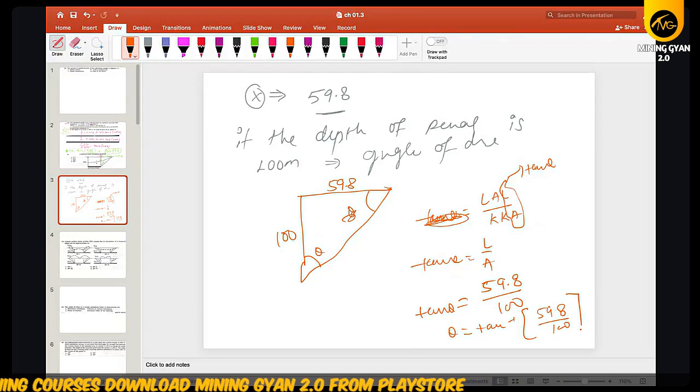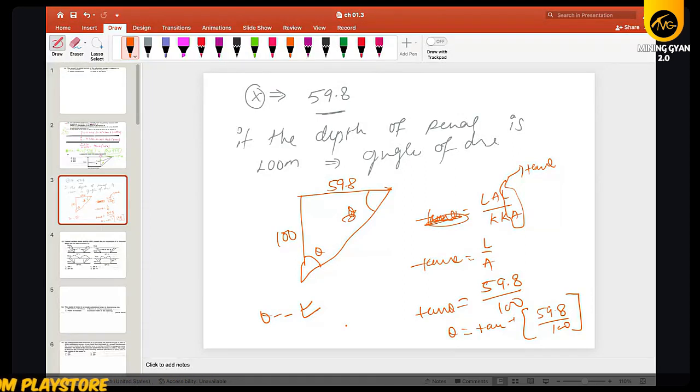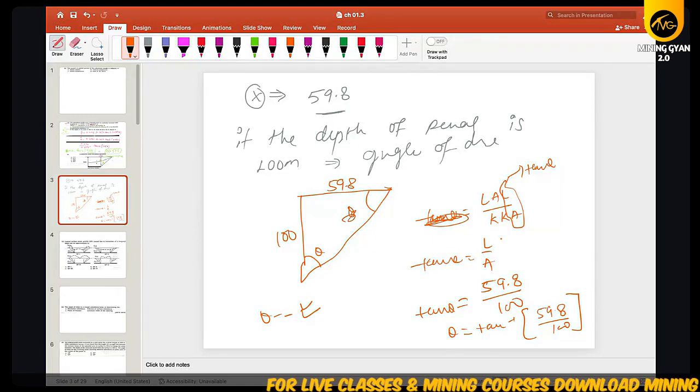When you solve it, your theta will come. So why I told you that this type of question they will not ask, or if they ask, they will provide you the value of theta, which will help you in the calculation.